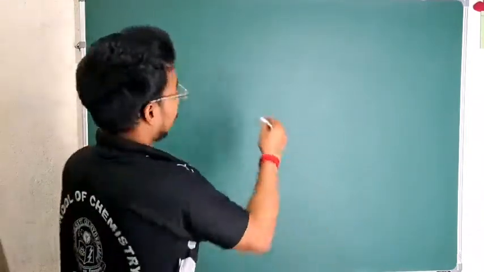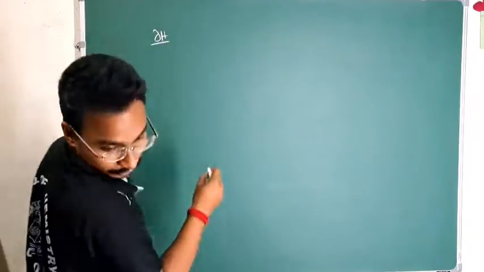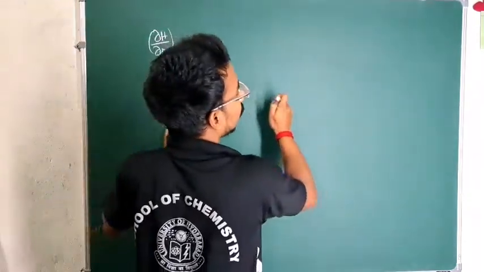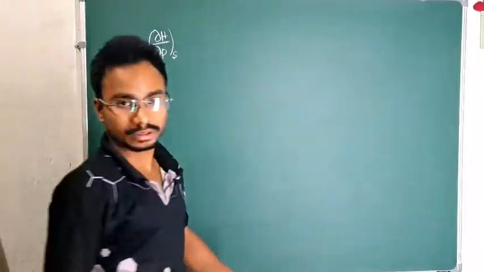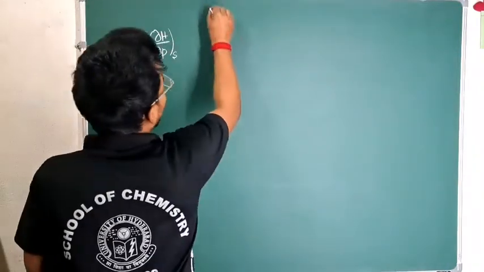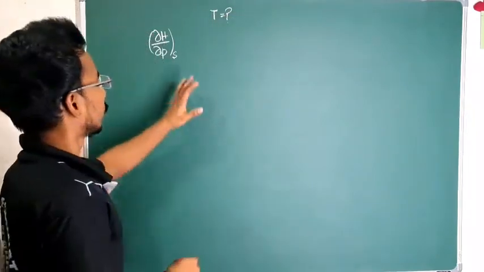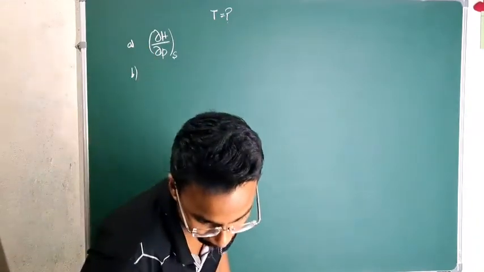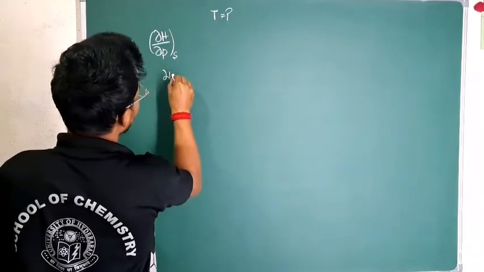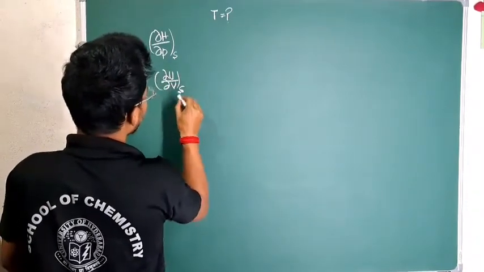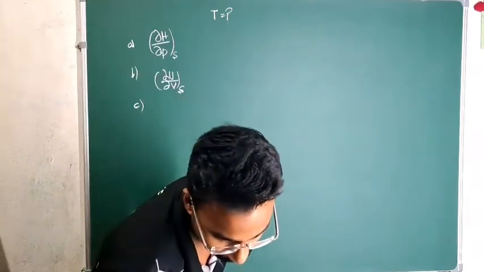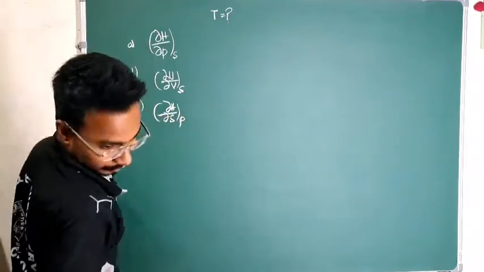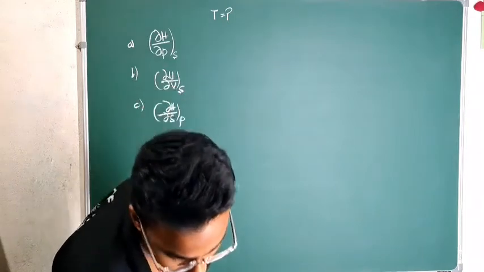Let me write first, delta H by delta P. This question is asking what the formula of T is, how can we write T. So the options are like this. I am writing the options: U, V, S; H, S, P; H, S, P; and G, P, T.